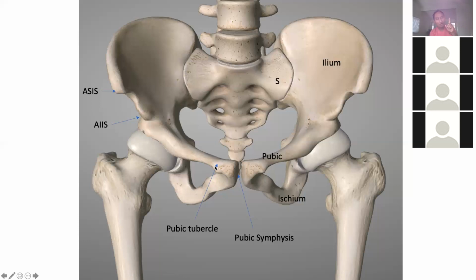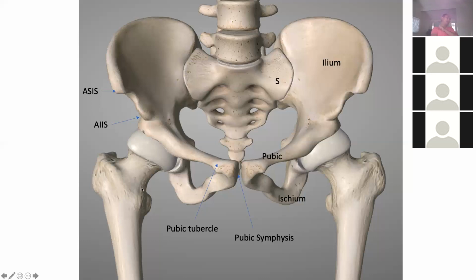That little bony bump is a tubercle, isn't it? We saw the greater trochanter, lesser trochanter, and greater tuberosity, lesser tuberosity in the proximal humerus. Because this little bony bump is in the pubic bone, we will say pubic tubercle. That little pubic tubercle is going to give attachment to the muscles.